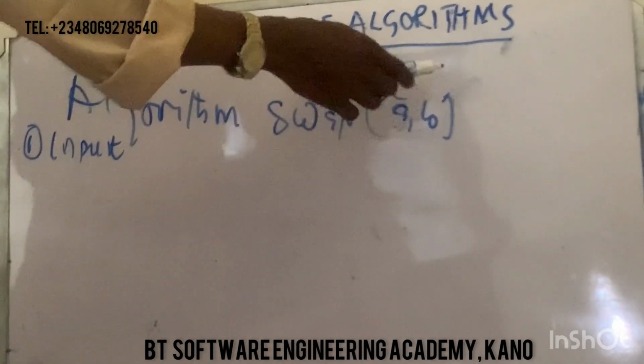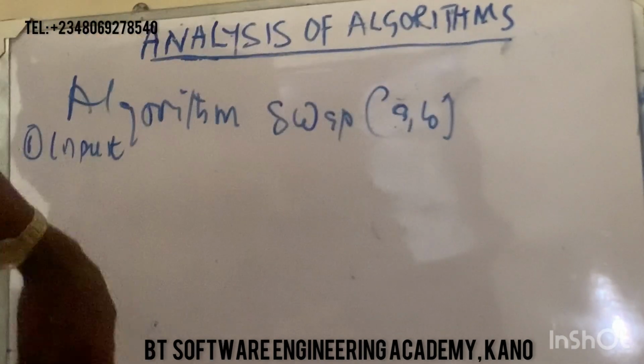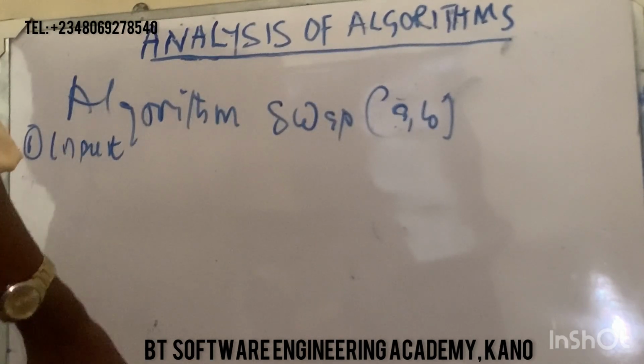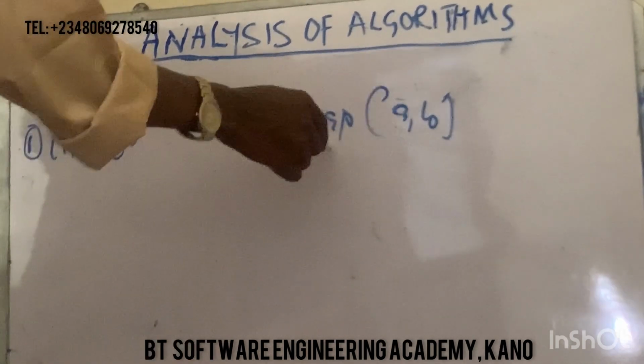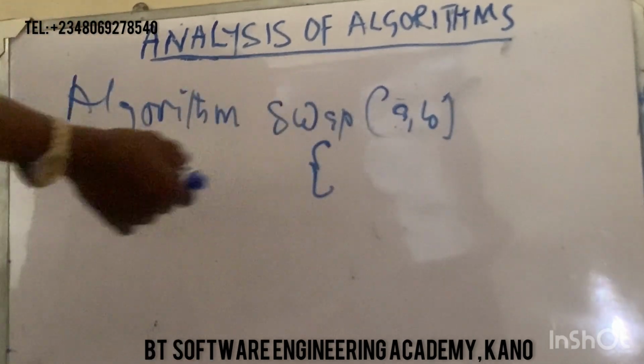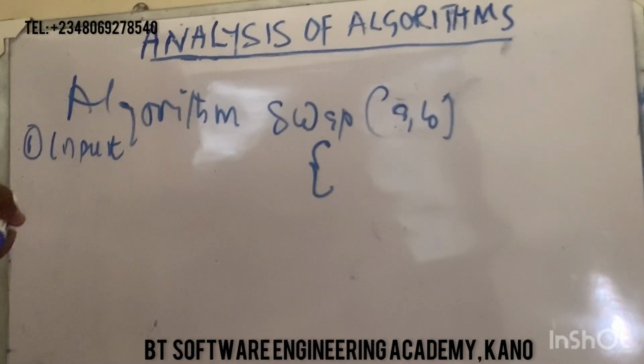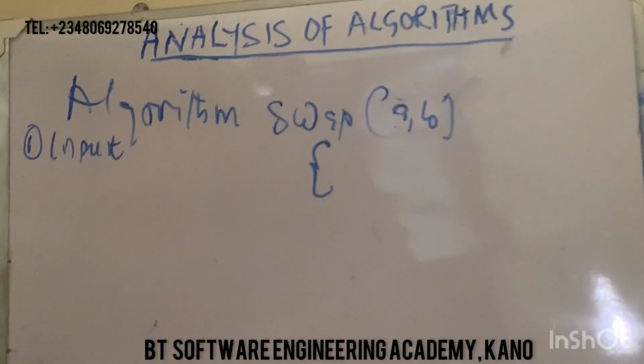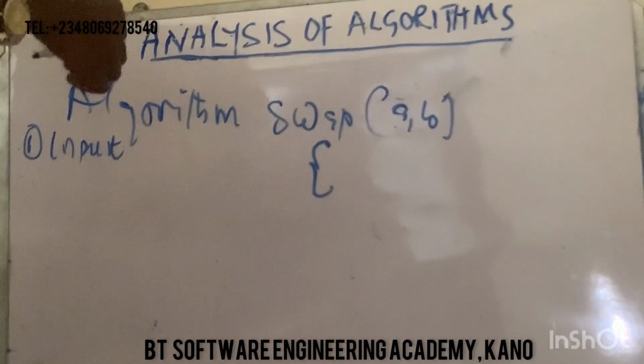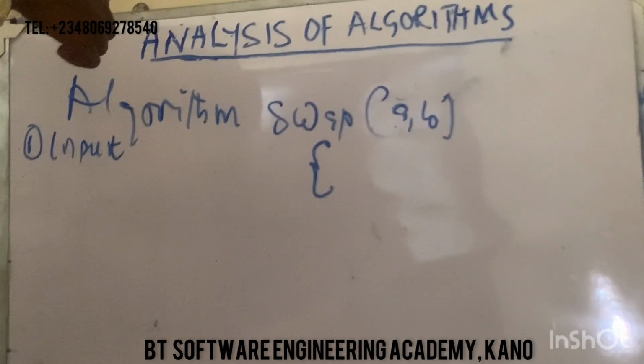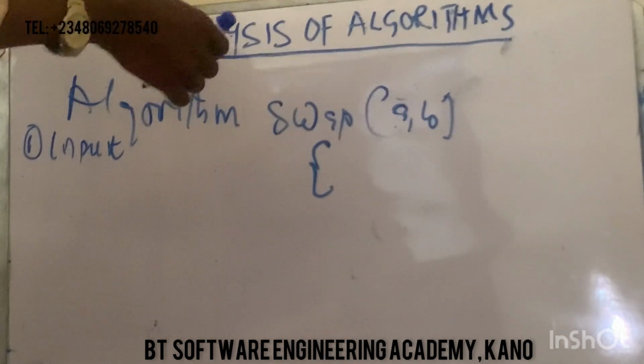So A and B are our input. Then I will start demonstrating how to swap the values of A and B.